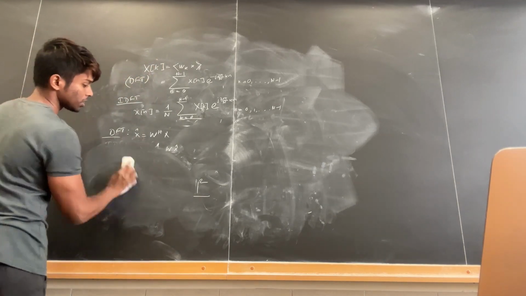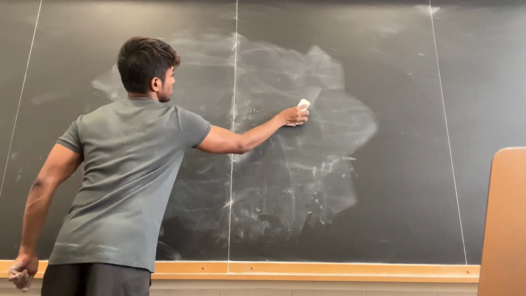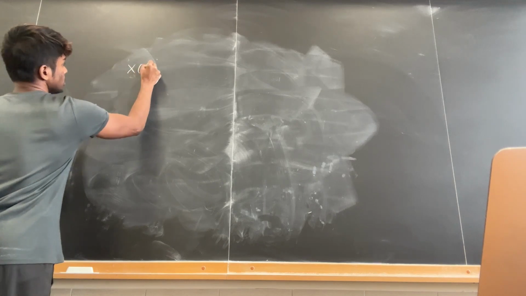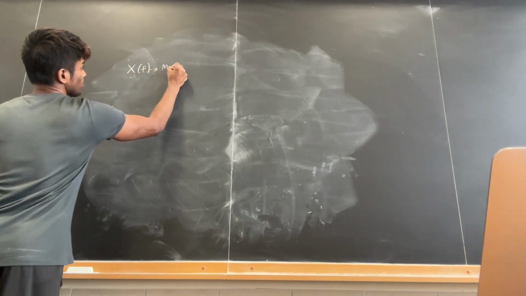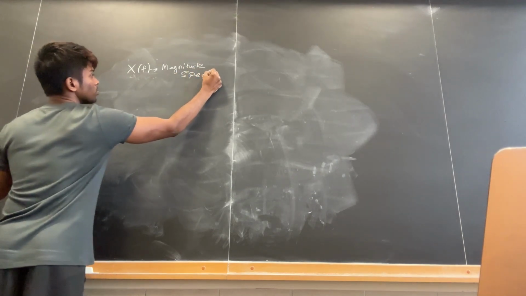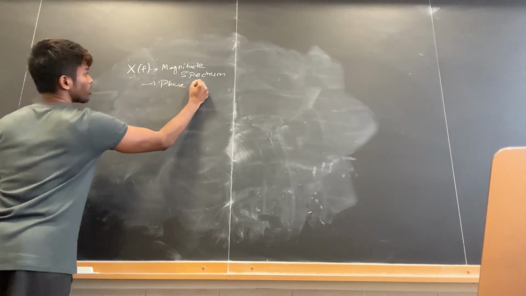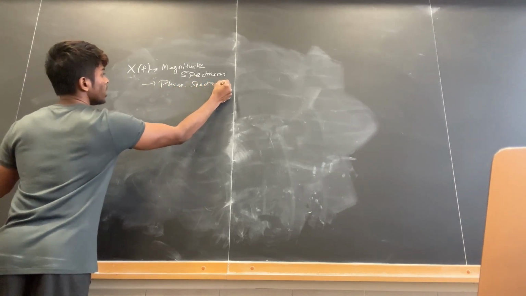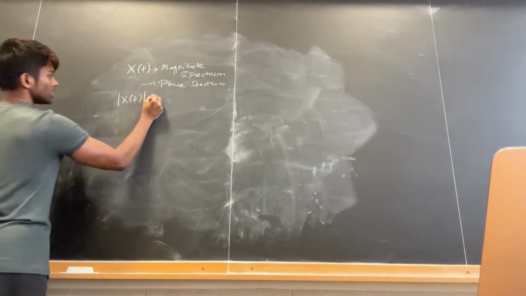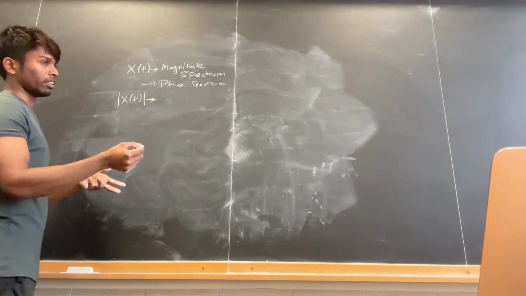So a Fourier transform xf consists of a magnitude spectrum and a phase spectrum, while the magnitude spectrum is the mod of xf. This gives us a measure of the energy of the signal.